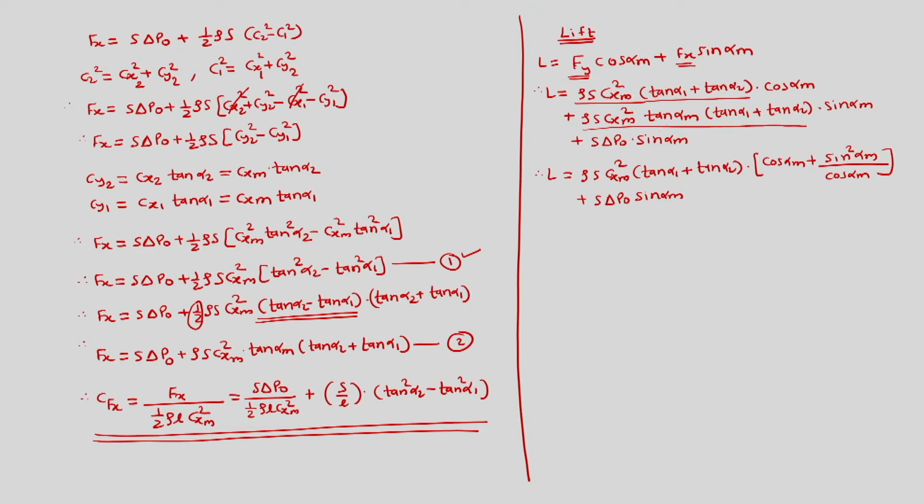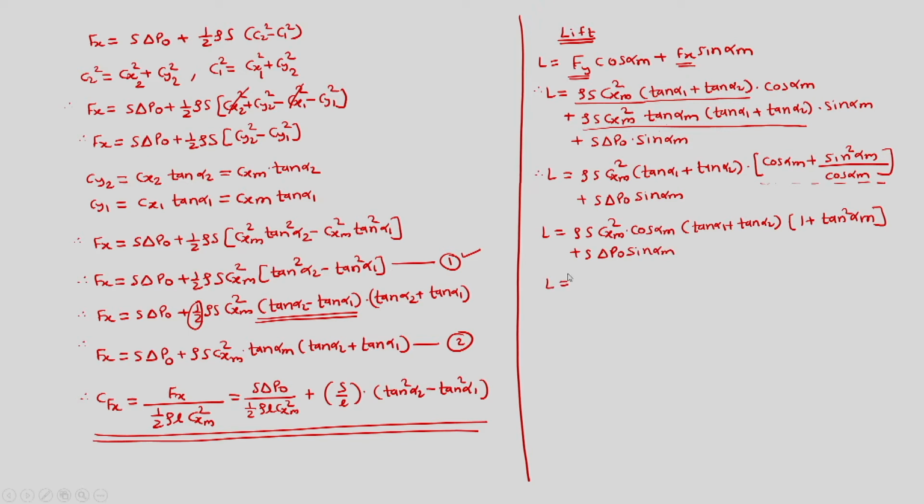Now we can take cos alpha m also common from this bracket, and then L is equal to rho S Cxm square into cos alpha m, and then tan alpha 1 plus tan alpha 2, into 1 plus tan square alpha m, plus S delta p naught sin alpha m.